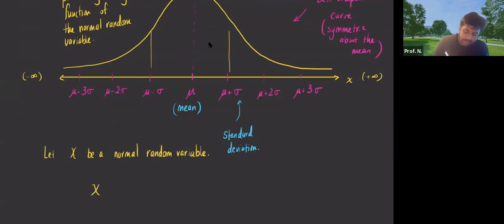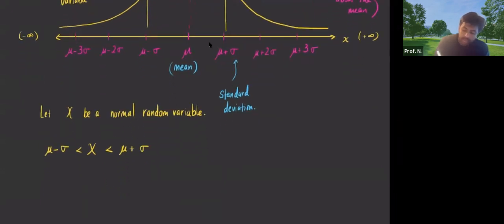So when I say x is between mu plus sigma and mu minus sigma, this indicates that the values of x fall within 1 standard deviation from the mean.